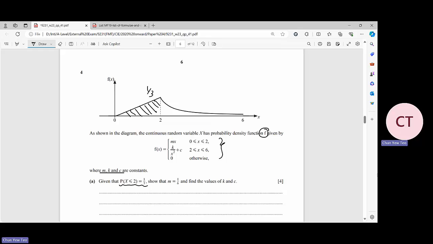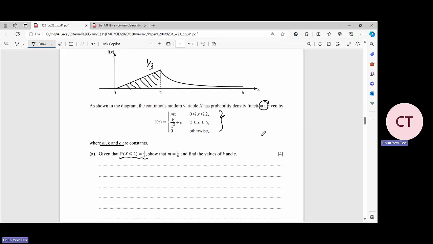So they want you to show that m is equal to 1/6. After that, we want to find the values of k and c. So we start from here. You can use the area of the triangle formula to get the answer, or you can integrate. Over here, I will integrate.